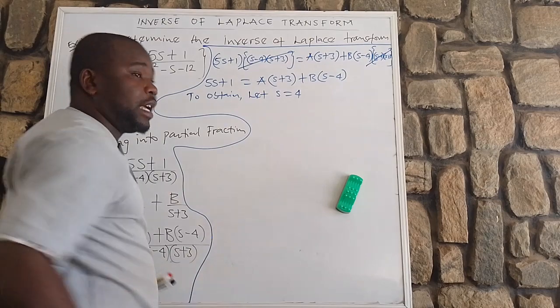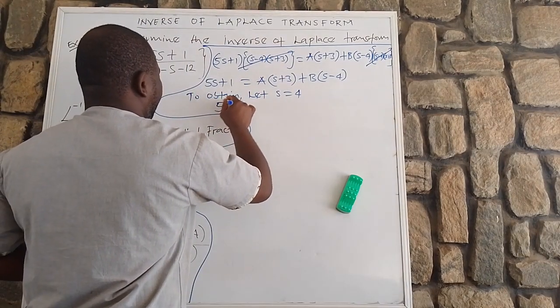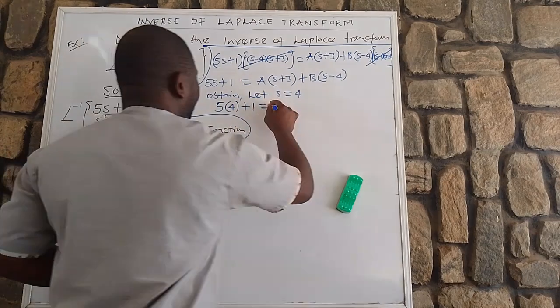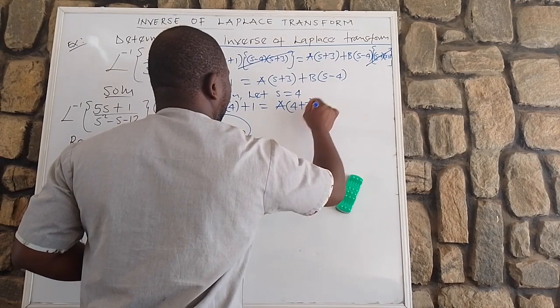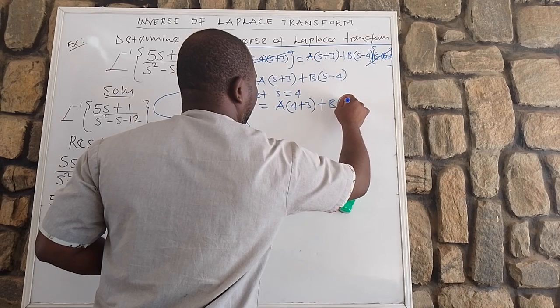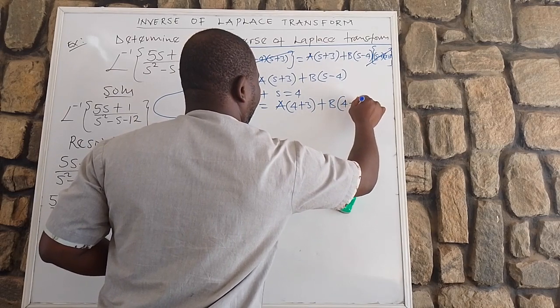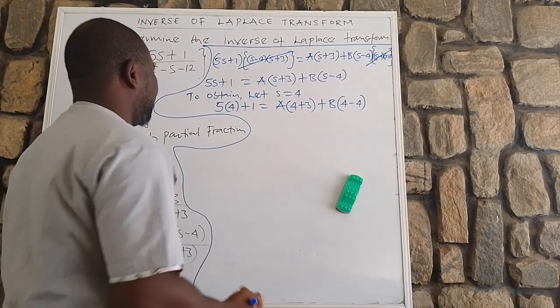So anywhere you see s, you write 4. Here will be 5 times 4 plus 1 equals A(4 + 3) + B(4 − 4). So here is 0, and 0 times B is 0.